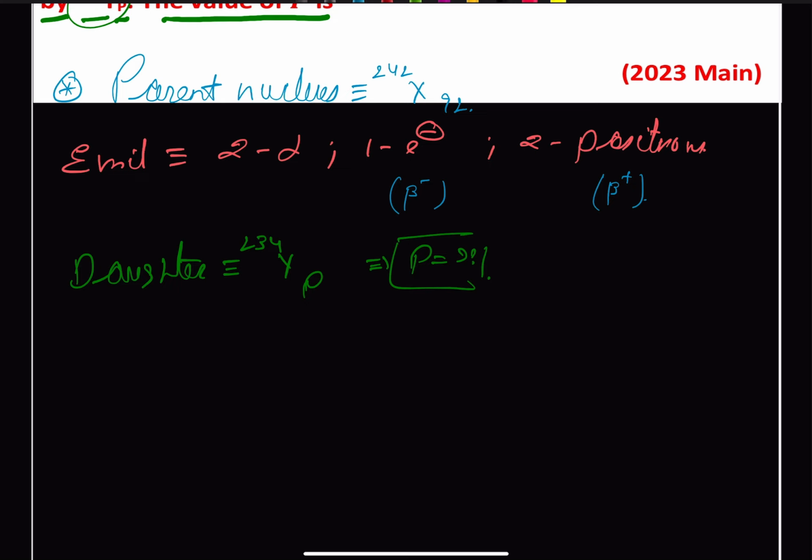So we are having 2 alpha particles, and let us find out what will be the effect on the mass number as well as the atomic number for the respective decay.